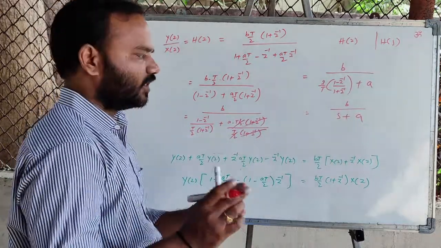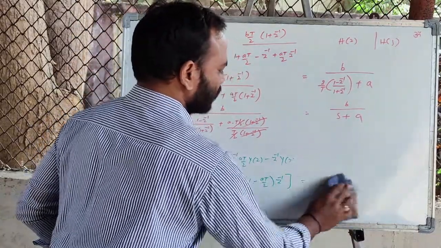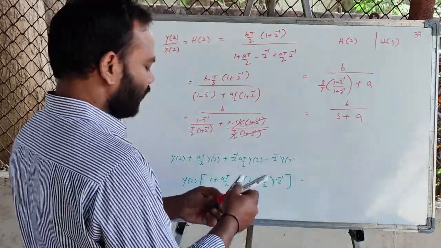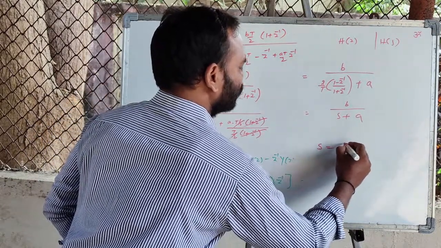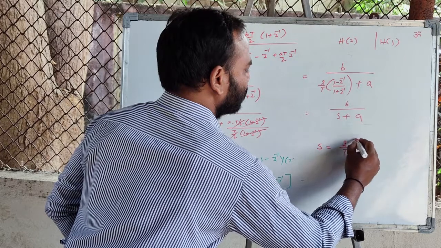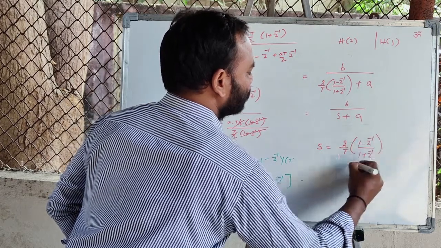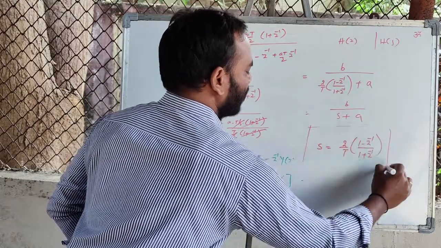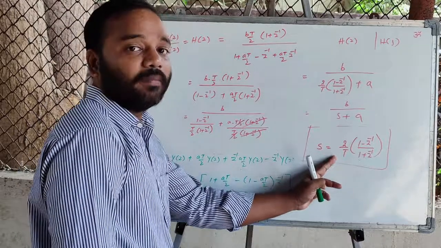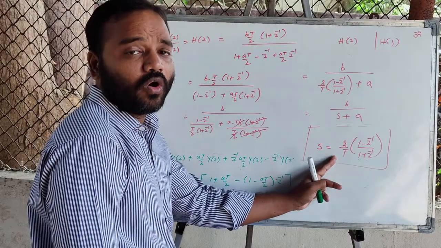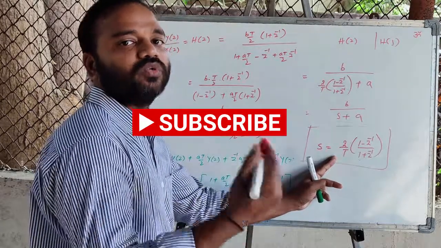So we can say that the mapping from s plane to z plane is given by s is equal to 2 by T times 1 minus z power minus 1 by 1 plus z power minus 1, and this one is the bilinear mapping of the variable from the s plane to z plane.